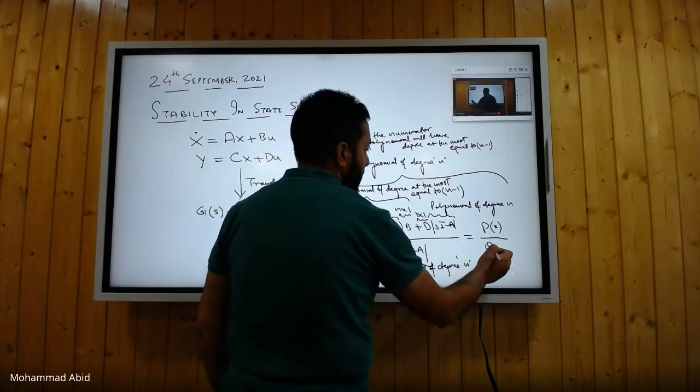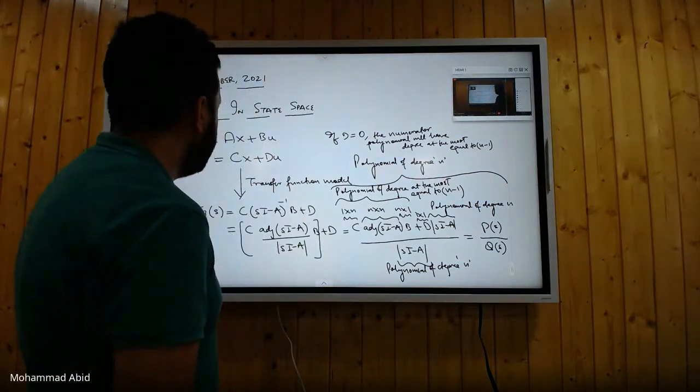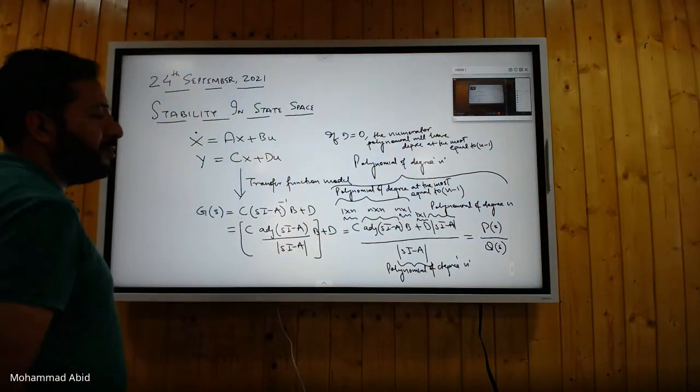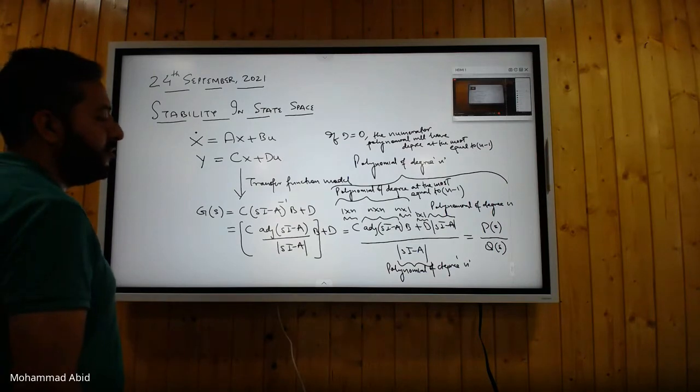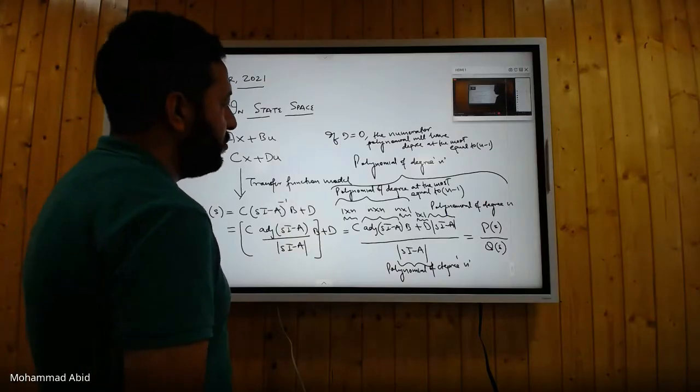So we'll call it Q(s). And this, as you know, is the transfer function of the system. Transfer function, by definition, is a ratio of two polynomials in s, where the denominator polynomial cannot be equal to 0.